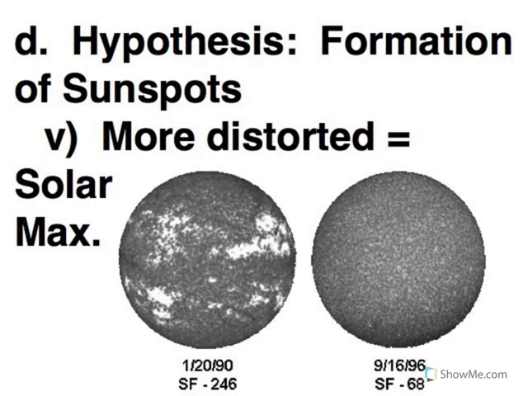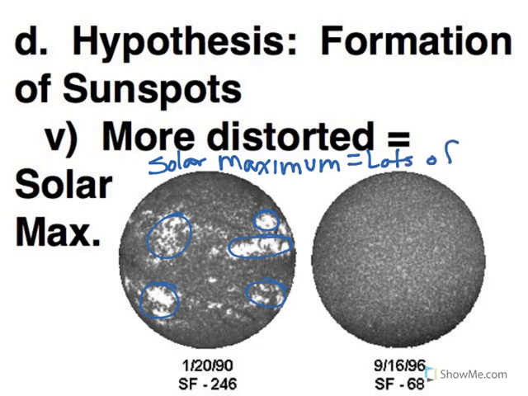So here we see a contrast. All of these white spots that we see here are places where the magnetic field is distorted. So this image is solar maximum. So during solar maximum, you're going to have lots of sunspots.